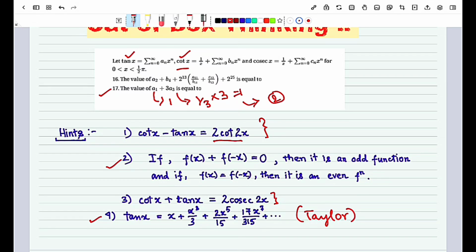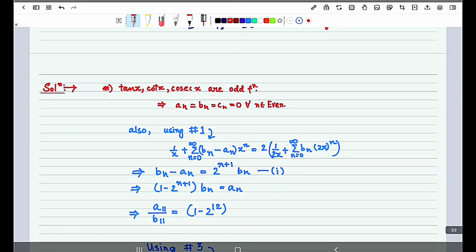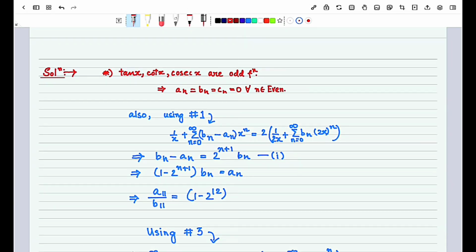Now moving to the solution part. I have written that as all of them are odd functions, for every even term it will be 0. That is the first thing I have written. After that, using hint number 1, you can find this relation.